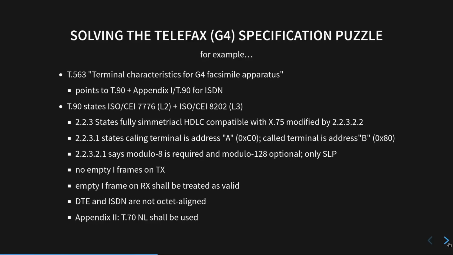And it also includes all kinds of exceptions to those X.25 specs, like that there are no empty I-frames on transmit, but they should be ignored on receive, whereas the original X.25 specs, which include X.75, permit such things.